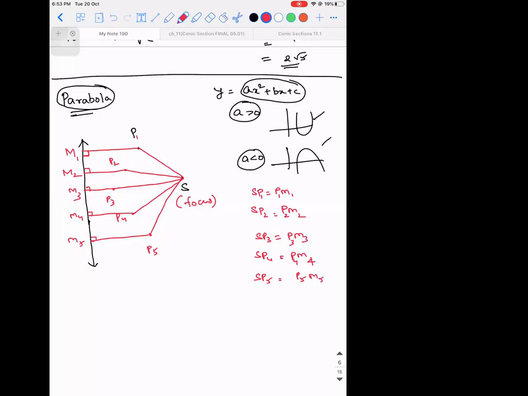So now I have chosen such points which satisfy the condition of the definition of a parabola. Let's say there is another point here.